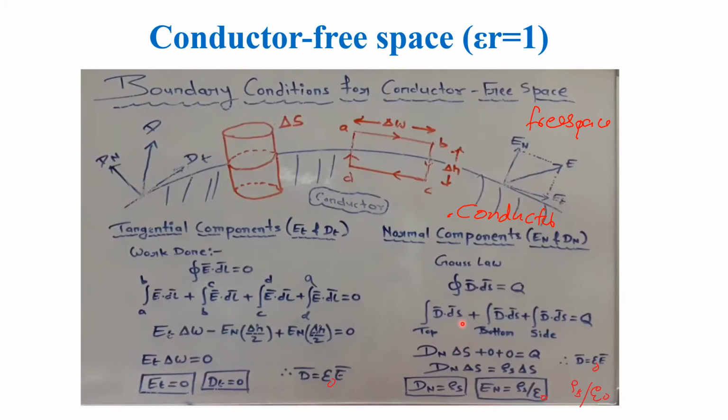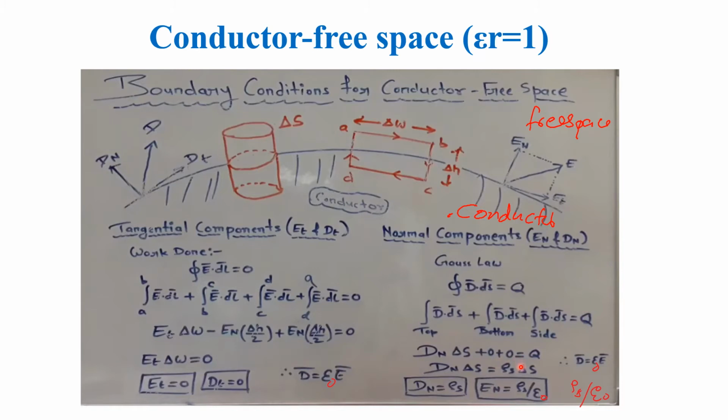Now, when you consider the top surface, the area vector ds is outward, and the normal component of D is also outward. That is why Dn dot ds is Dn delta s cosine 0, and cosine 0 is 1, therefore Dn times delta s. Plus the bottom surface value, which is 0, because there is no electric field inside. We know that D is epsilon times E, therefore no electric field means it is 0.